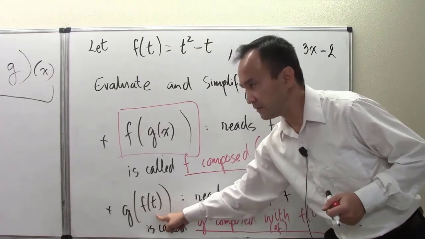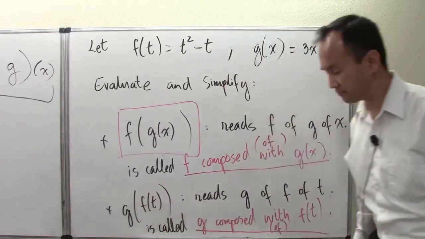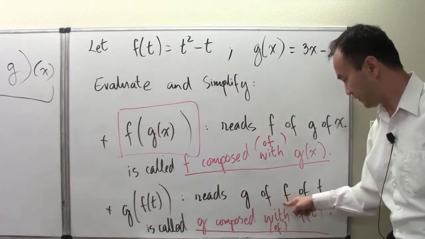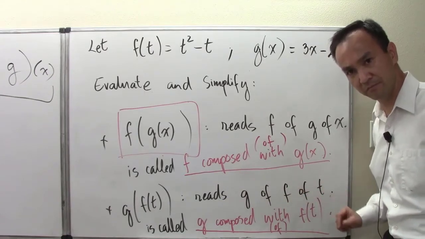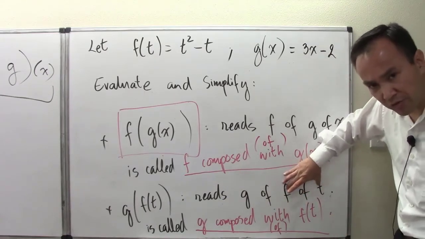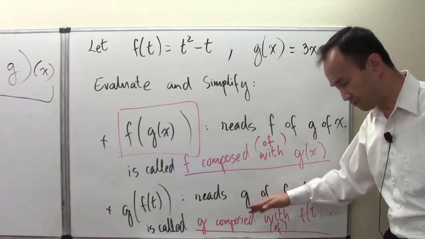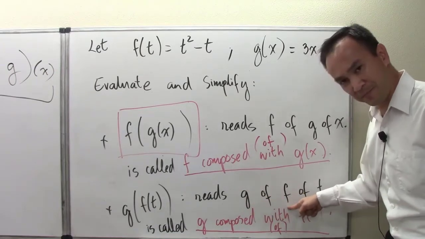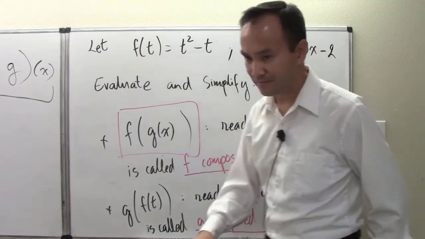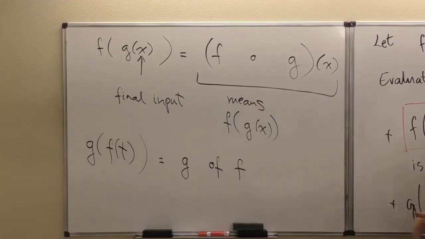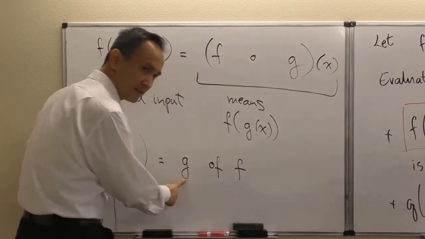G of F, where F is inside the parentheses. It reached G of F of t, and that t is the final expression right there. So F of t is one thing, but mainly the bigger picture is G of F.